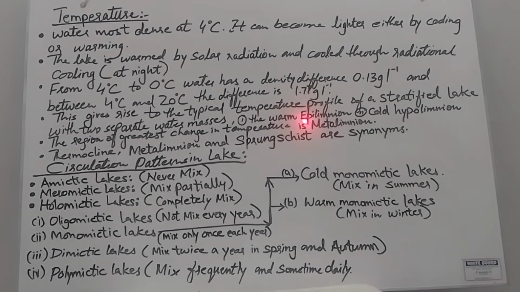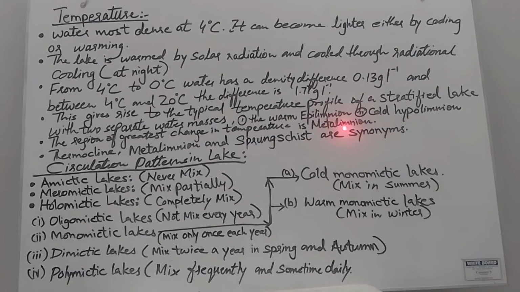In the epilimnion, because this is the uppermost layer of the lake, the temperature will always be greater than the hypolimnion, and the hypolimnion is the lowest most region of the lake. That's why the minimum temperature will be in the cold hypolimnion.